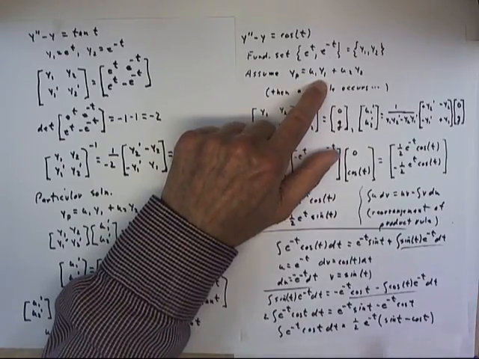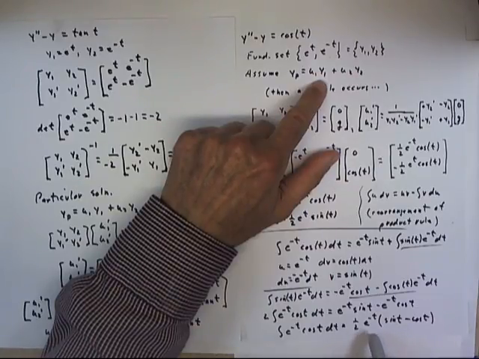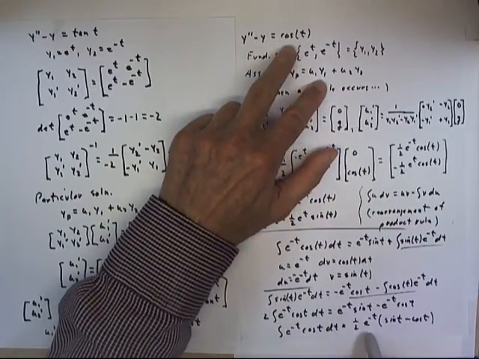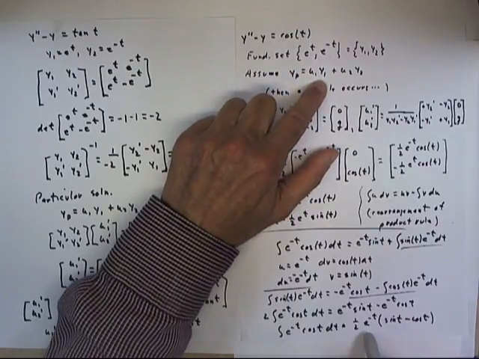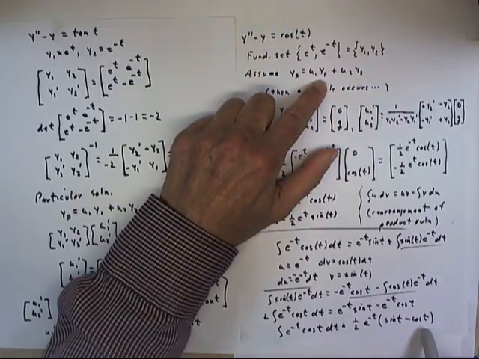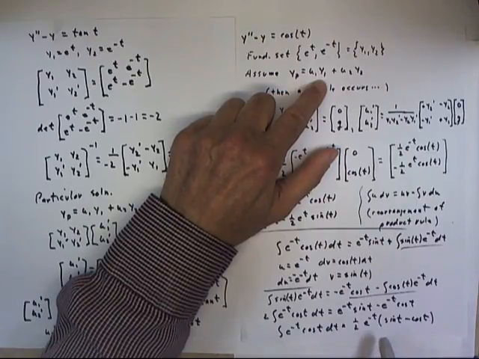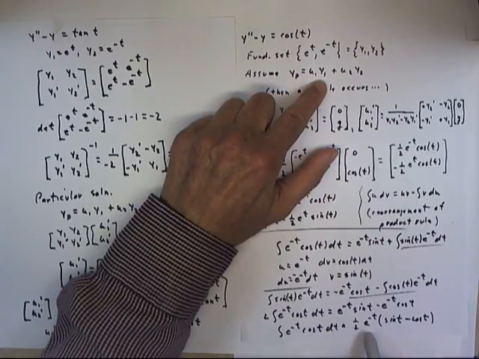You might have been wondering how we're going to get around this exponential, e to the negative t here, in order to get back to just our known solution, which is 1/2 cosine t. This u1 function has an e to the negative t times a combination of sines and cosines. A combination of sines and cosines isn't necessarily a big problem, but this exponential seems like it would be.